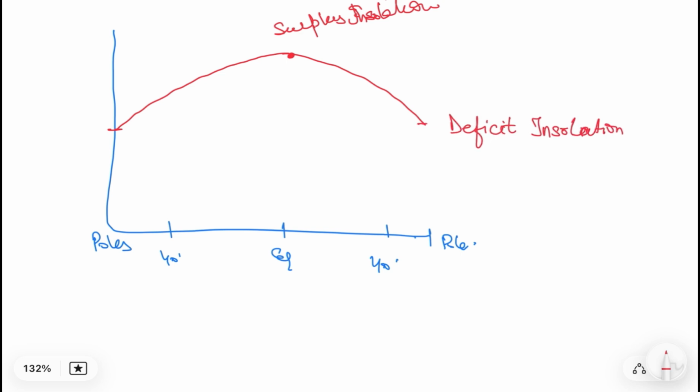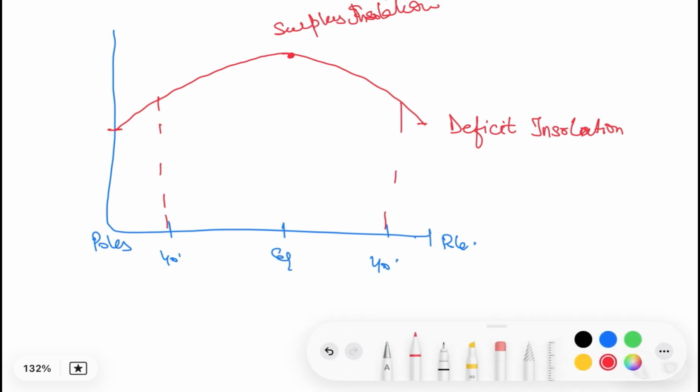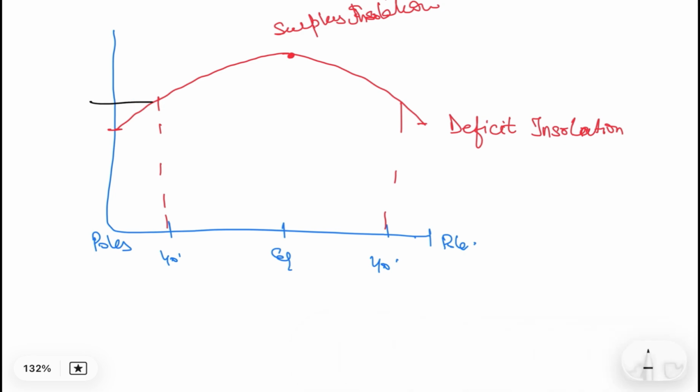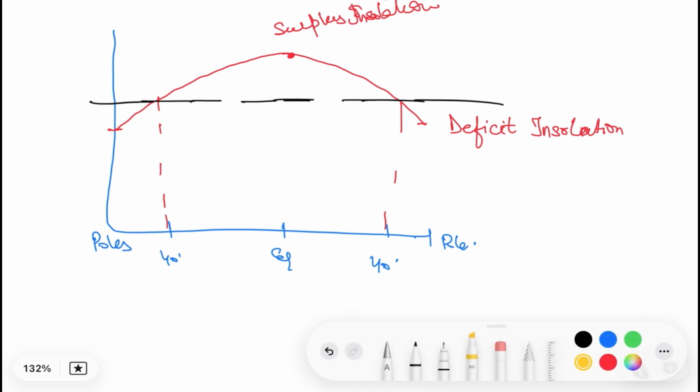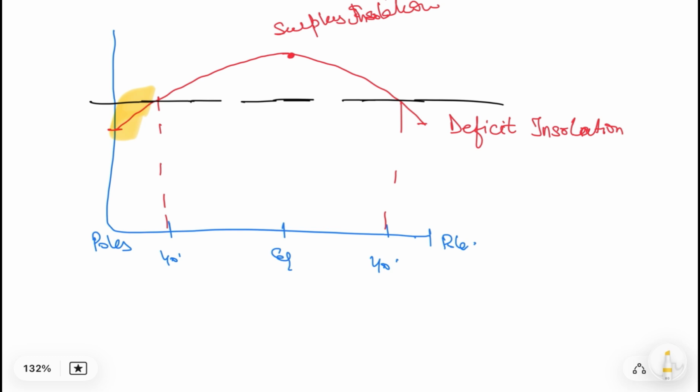Now if we connect them on average, then this is the region. This is the deficit region, and this region is the surplus region.